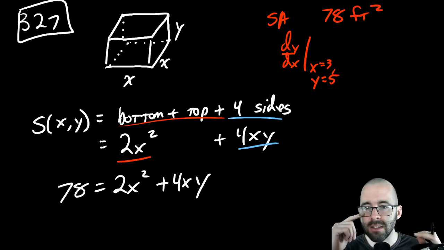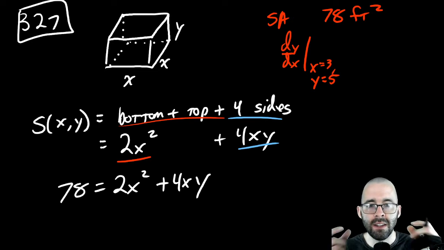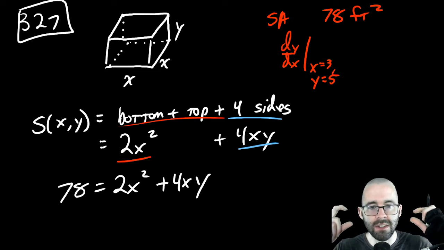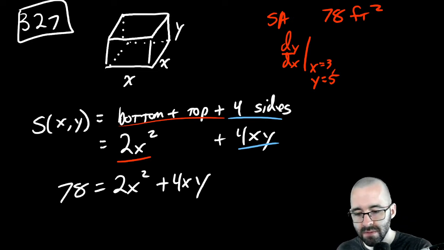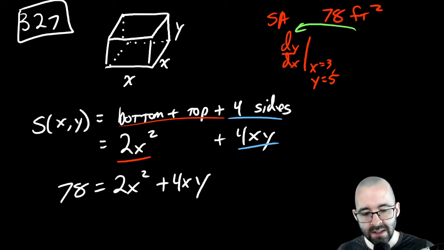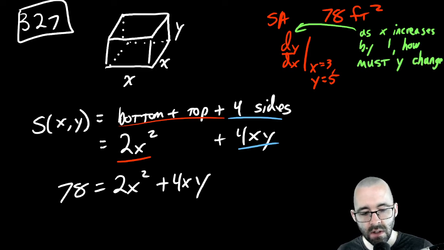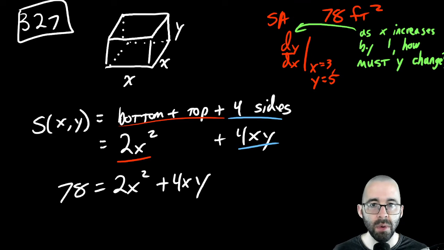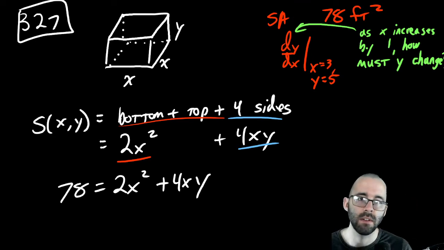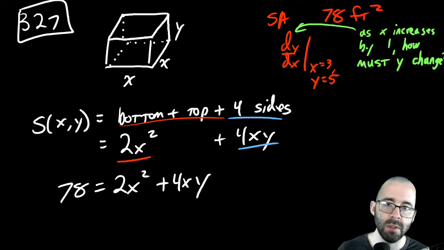Well, if it has 78 square feet surface area, then if we increase x, y should have to decrease as a result. dy/dx, this is just as x increases by 1, how must y change? It's a slope. So we should expect a negative answer.